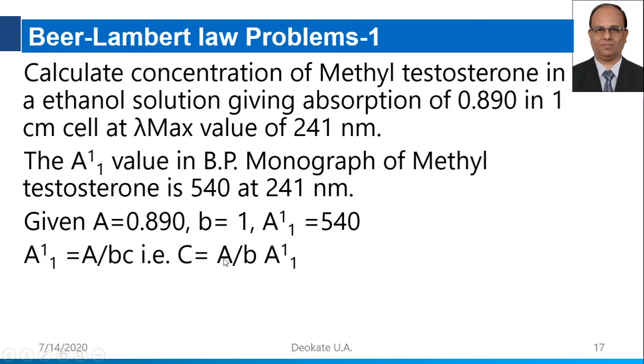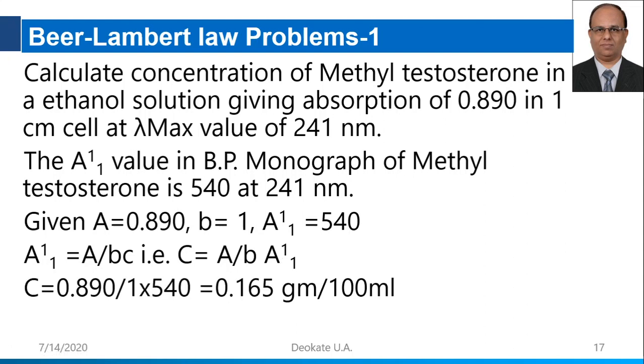Now you have the value of absorbance, the value of the path length, and the value of A11. Just put the values in the equation and you will get the answer. If you put the values, you will get 0.165. Now the important thing is the unit of your answer. Here they ask you for the concentration, not in any particular unit.